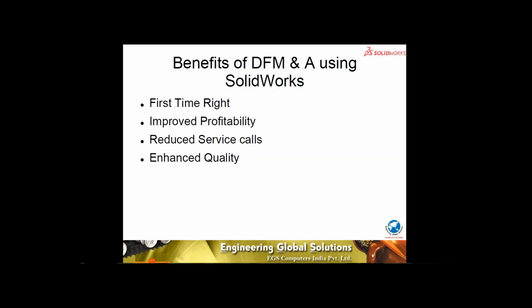However, the overall product development cycle time gets shortened. Some of the companies have reported 20 to 25% reduction in the overall cost of their product as well as in terms of the development time, primarily as a result of adhering to the DFM and A process as a part of the design early in the design stage.